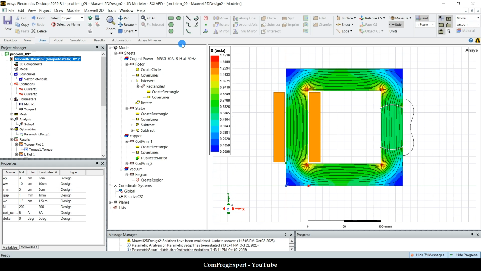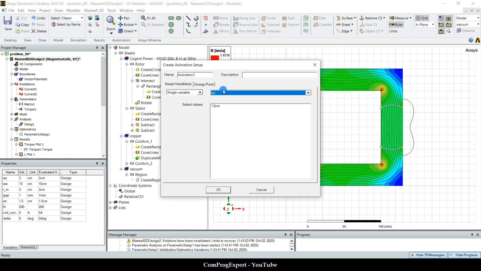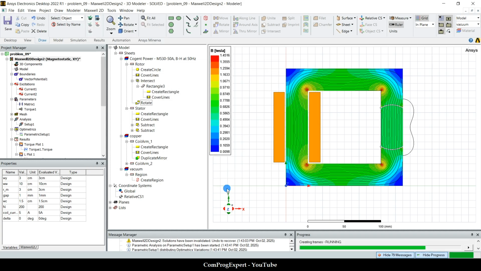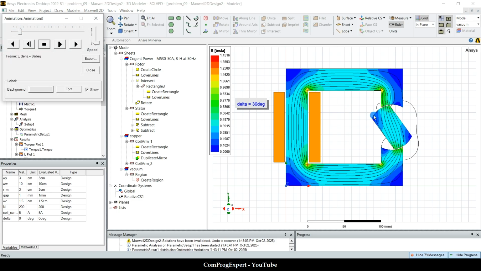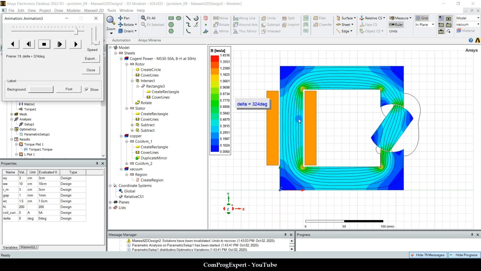In this case, again, we can generate animation considering this parametric setup. Yes, we should generate the figure first, then we can generate animation.